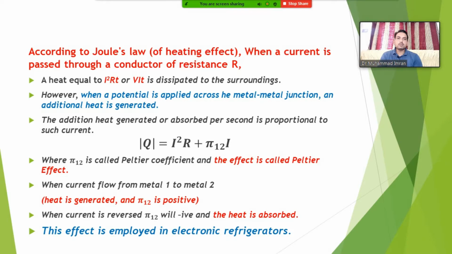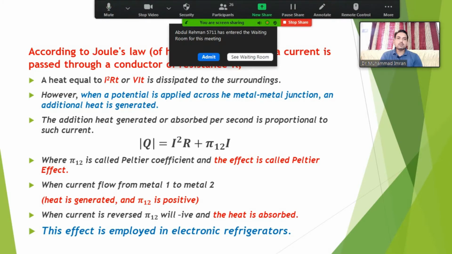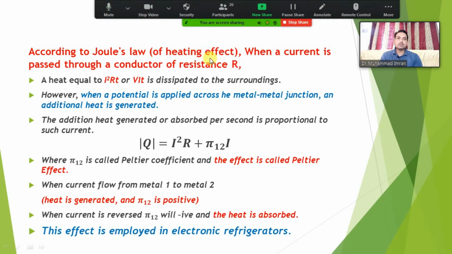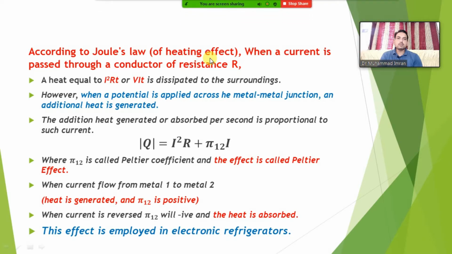You can change the temperature by flowing current between the metal junctions. By changing the direction of flow of current, in one case you get generation of heat and in the other case absorption of heat. So this effect is used in electronic refrigerators.